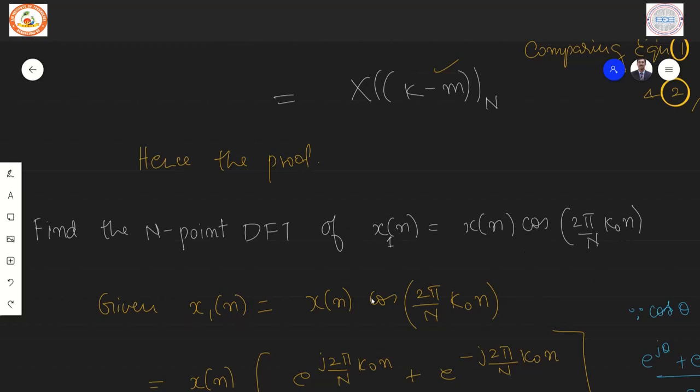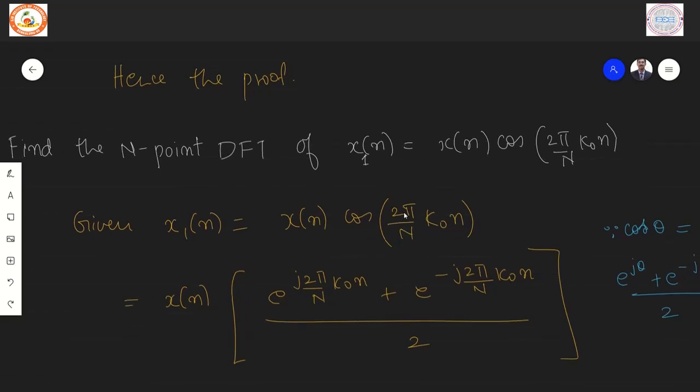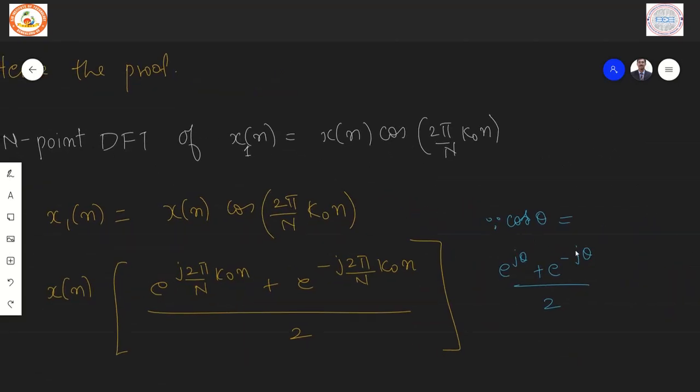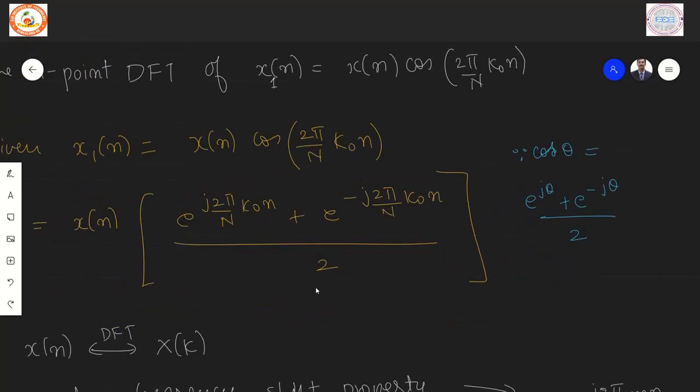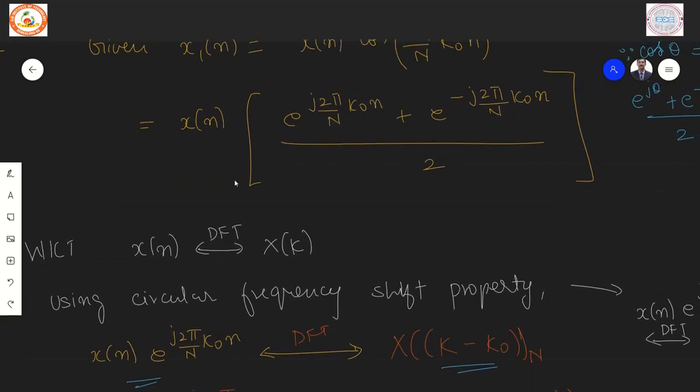We just note down the given. Now cos, you know, can be split using Euler's relation. Cos theta is equal to e power of j theta plus e power of minus j theta by 2. And this is what you get. Then we have two terms now, x of n into the first exponent, x of n into the second exponent.